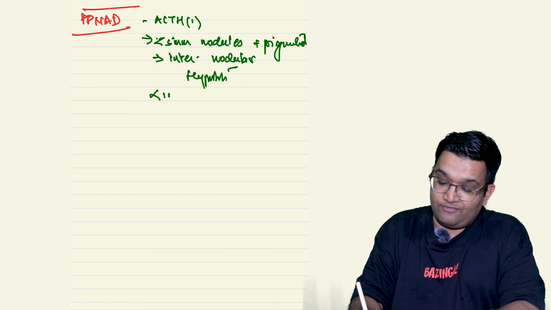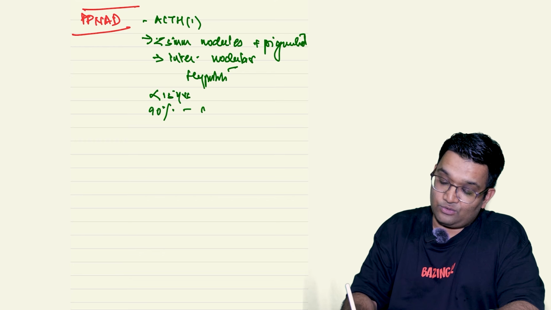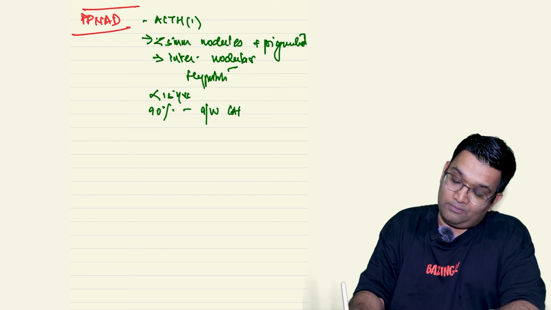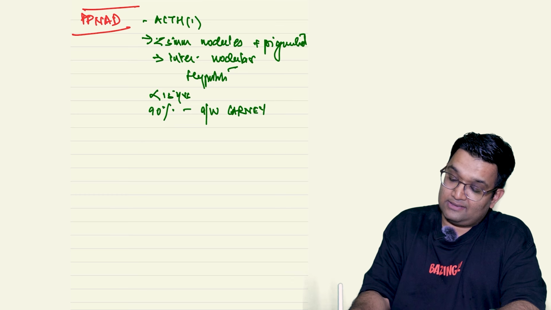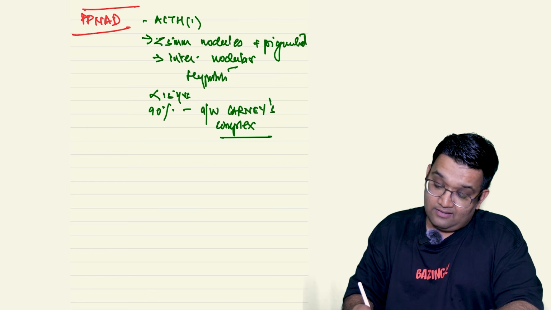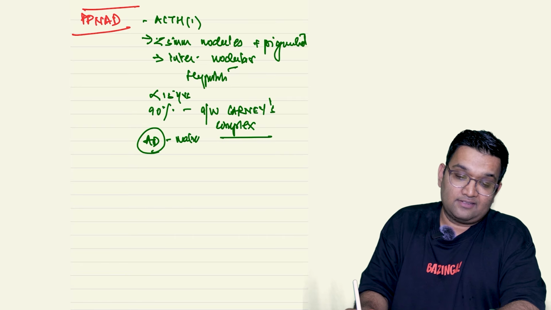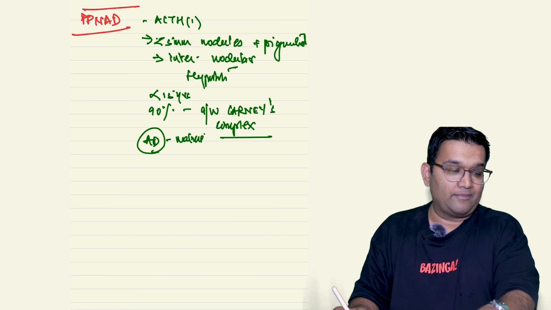They occur less than 15 years of age. 90% of the time they are associated with Carney's complex. And the autosomal dominant nature of inheritance, that we have to remember.